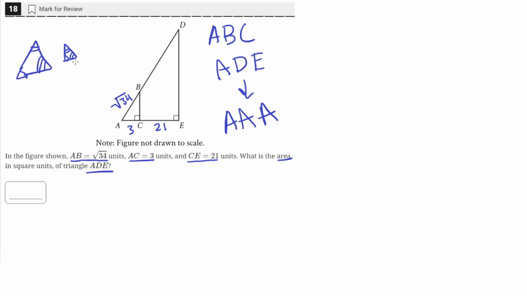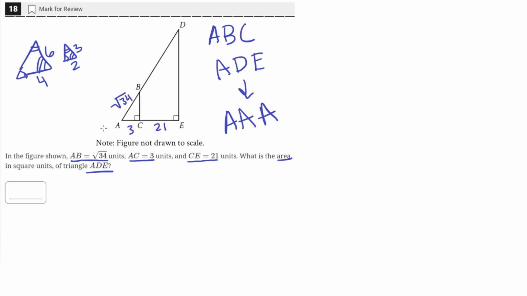Meaning if the length of this was 2 and the length of this was 4, then if the length of this was 3, the corresponding side would be the same proportion. So on the big triangle, this side is twice the length of this one, so this side must also be twice the length of that one, so this one is 6.